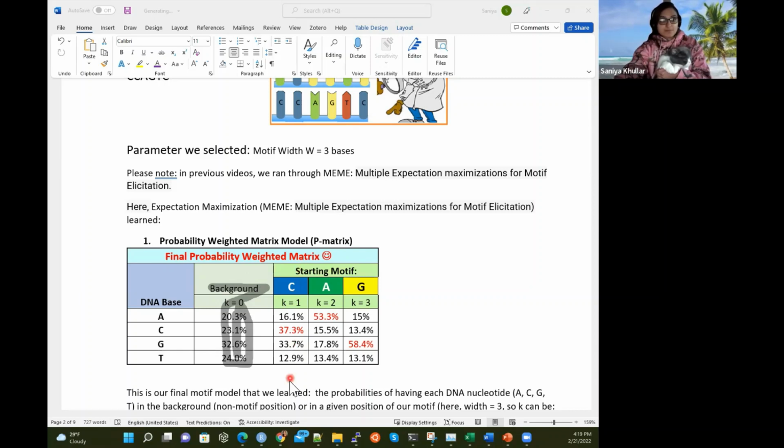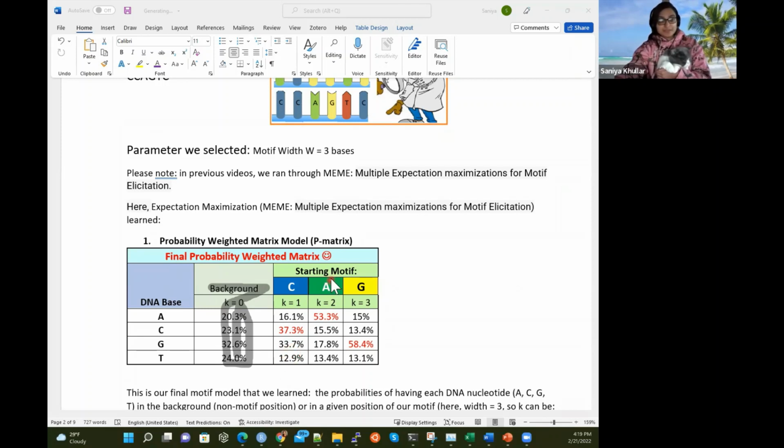So this is the probability of a given base being in the first position of the motif, because our motif width was 3 bases. So for instance, 16.1% probability of an A in the first position of the motif, 37.3% chance of C in the first position, 33.7% chance of G in the first position, and 12.9% chance of T in the first position.